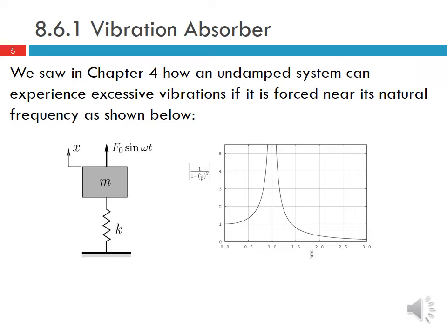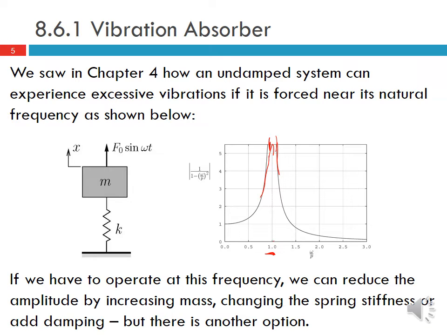If it's forced near its natural frequency, where omega over p is equal to 1, then we can get these excessive vibrations. Now, if we have to operate at this frequency, we can reduce the amplitude by increasing the mass, changing the spring stiffness, or adding damping. But there is another option, and we're going to discuss the idea of a vibration absorber.